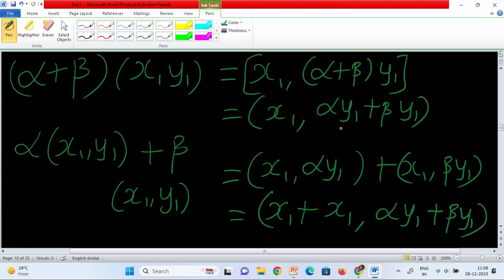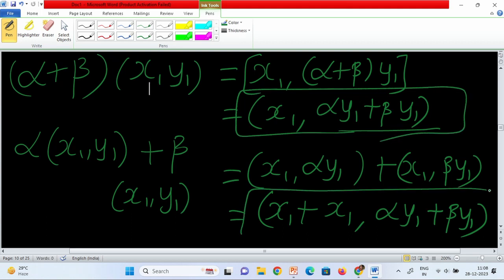Here, this is the answer we got for the left hand side simplification and this is what we got for the right hand side simplification. Both of them are not equal. Therefore the second axiom, (alpha plus beta) into (x1, y1) equals alpha into (x1, y1) plus beta into (x1, y1), is not satisfied. Therefore V is not a vector space.